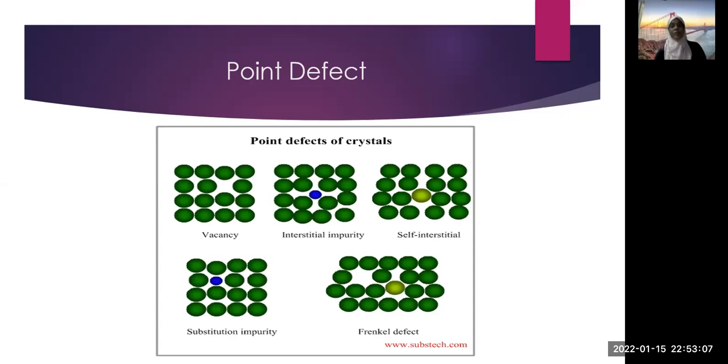Anything could occur and result in a point defect in the metallic atomic structure.